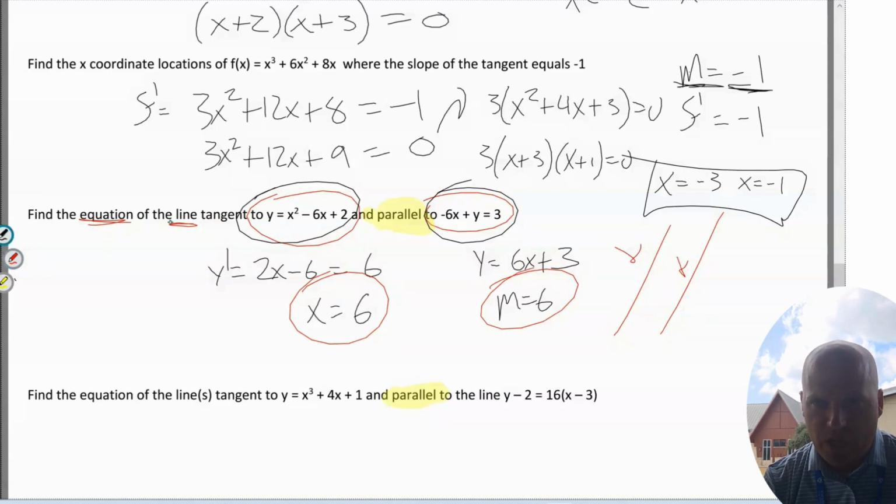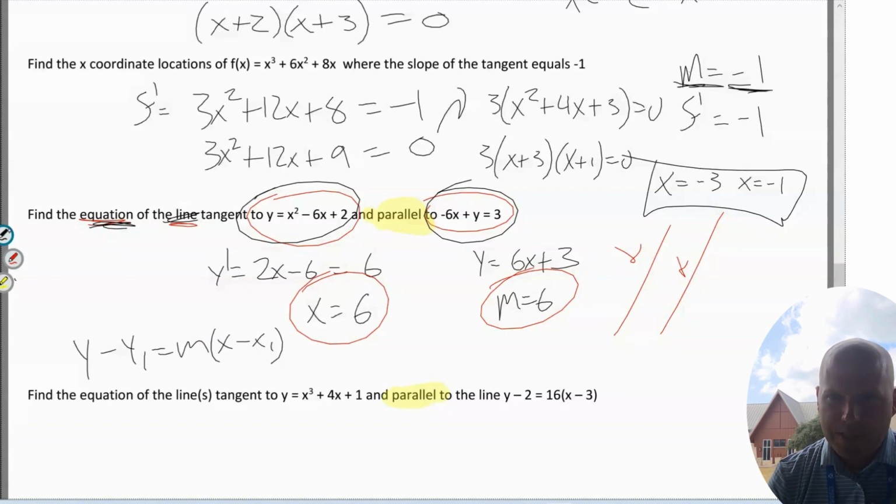We want the equation of the line. So we have this, and we need all the information. Pay attention to what we have. We have an x, we have an m. What do we need? The y. How do we find the y? Plug in x into the original equation. 36 minus 36 minus 2 is 2.